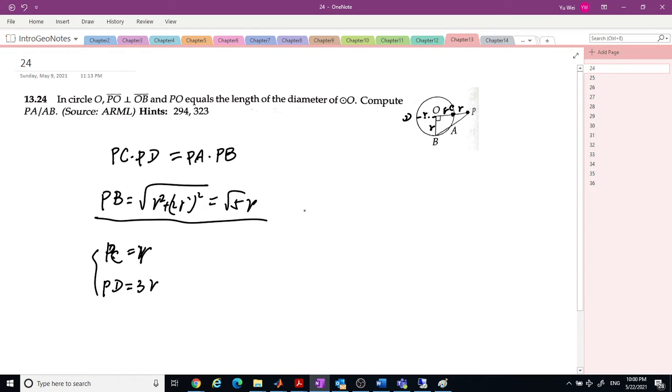Now we can calculate. So PC times PD is 3R squared, which equals root 5 R times PA, right? So that's why we have PA is 3 over root 5 R.